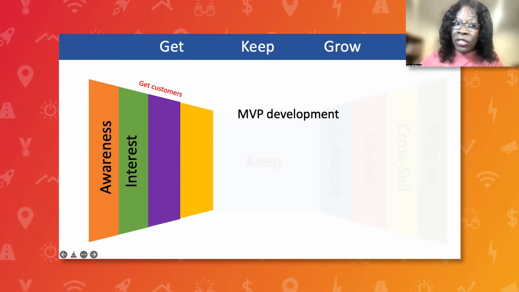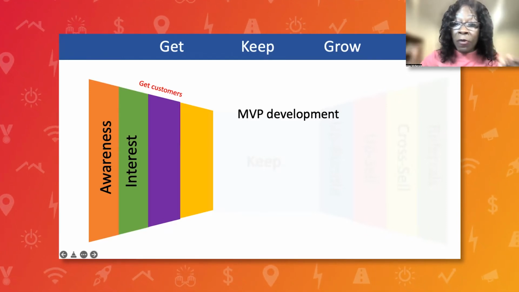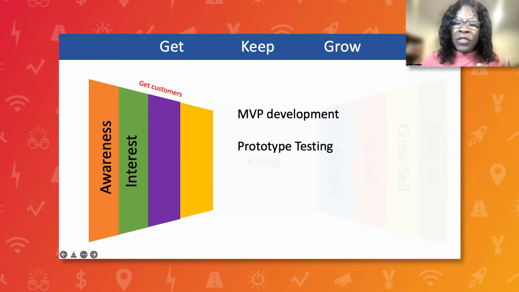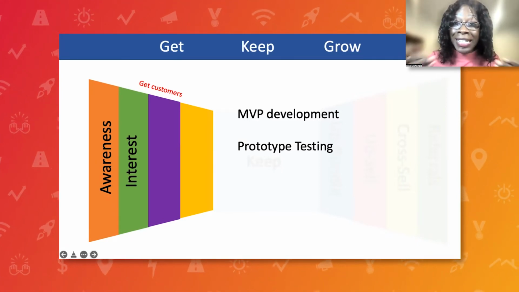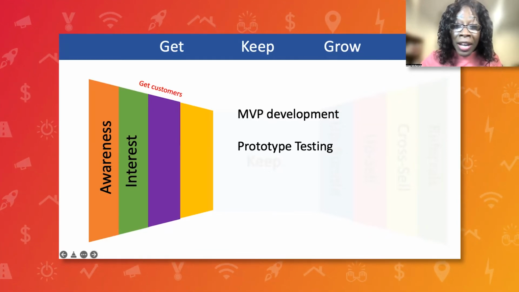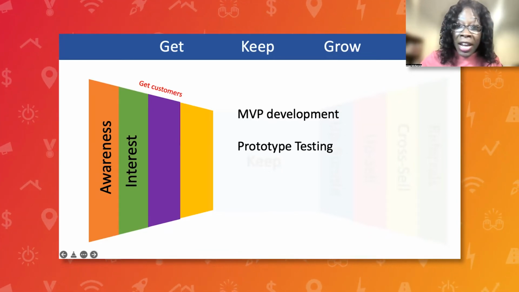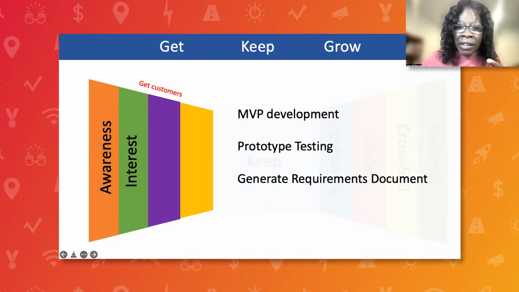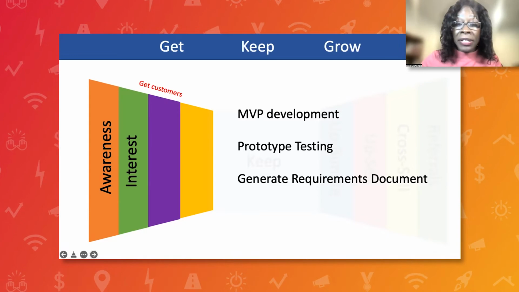And then once you show that MVP, are people following up and asking you questions? And if so, then you might spend the resources, the money, the time to develop a prototype. And if you develop a prototype and you're showing people that, they like it, they may say, hey, I have a requirements document.